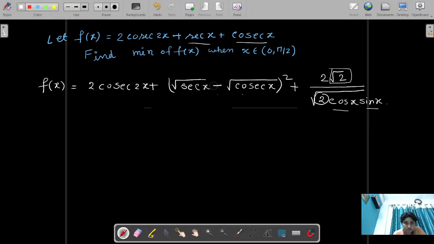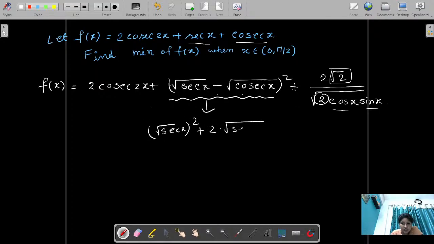Let's just try to understand. If I write the formula of this, what will I get? I will get root under sec x whole square plus 2 into sec x into cosec x.